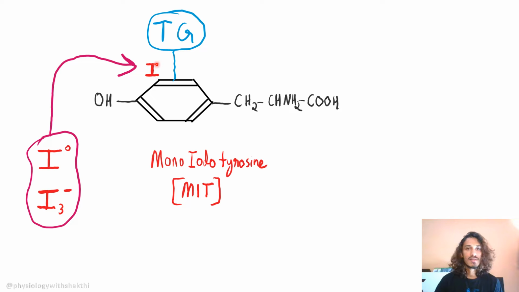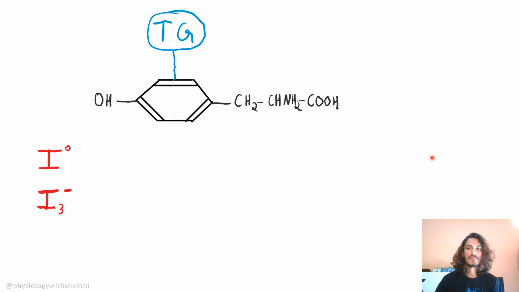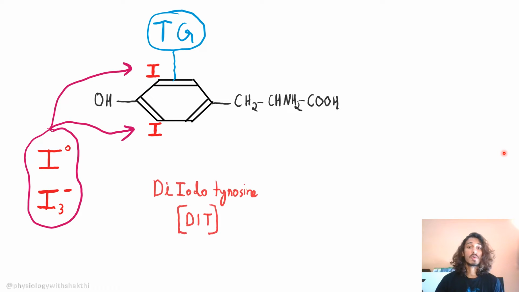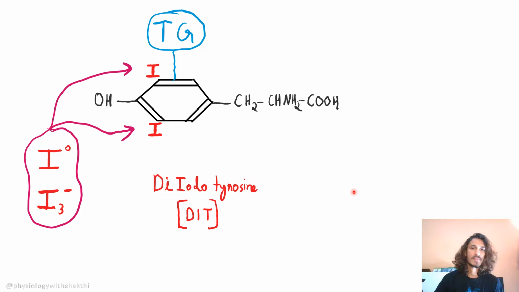Only one iodide is attached over here, so that is monoiodotyrosine, MIT. Similarly, if iodide attaches in two locations like this, this becomes diiodotyrosine, DIT. I hope this is clear, very simple.